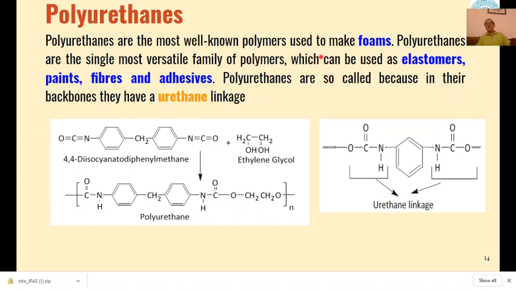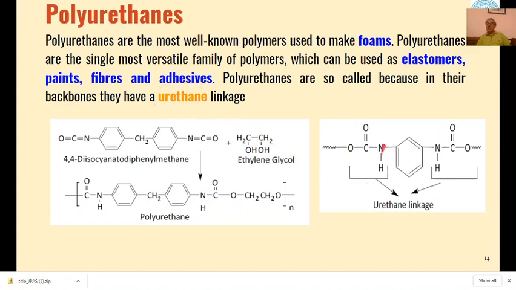The foam present in a refrigerator is formed of polyurethanes. These are the single most versatile family of polymers, which can be used as elastomers, paints, fibers, and adhesives. This is because of a specific linkage which is called the urethane linkage.